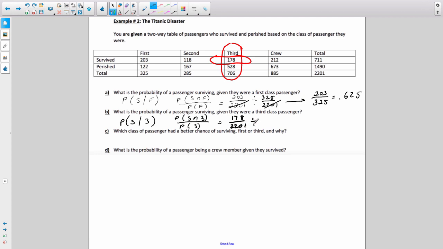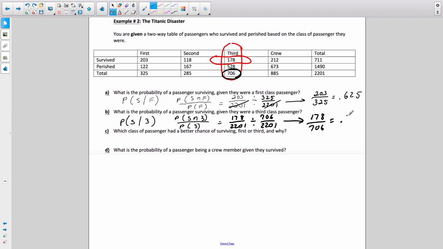Let's divide that by just the probability of third class, which would be 706 divided by 2201. Remember, when you multiply by the reciprocal, these 2201s will cross cancel, and you'll be left with 178 over 706.